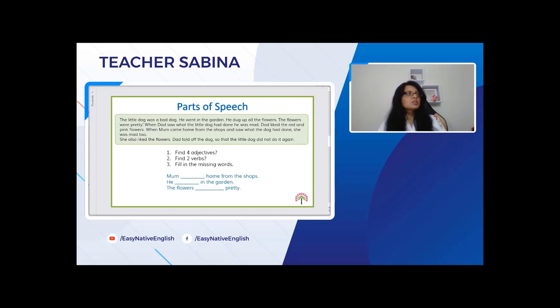Okay, so in between we have our adjective, because this will describe the dog. So little describes the dog, which means little is the adjective. An adjective describes a noun. Dog is your noun, so little describes the dog. So little is the adjective. So we're looking for adjectives.